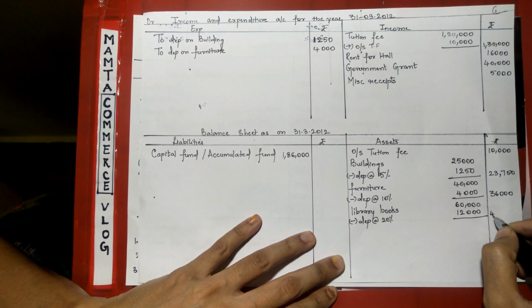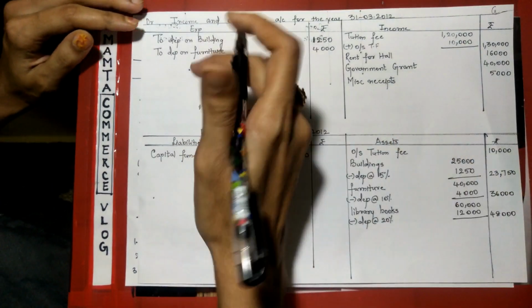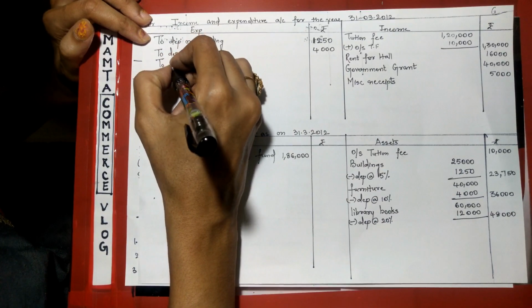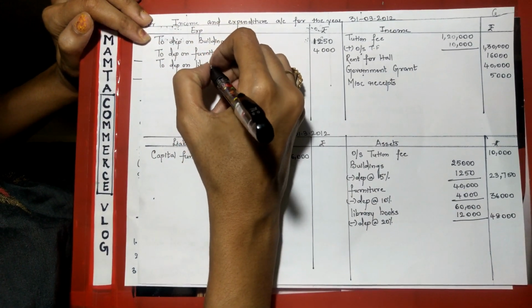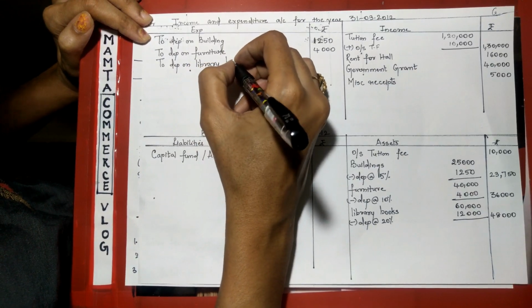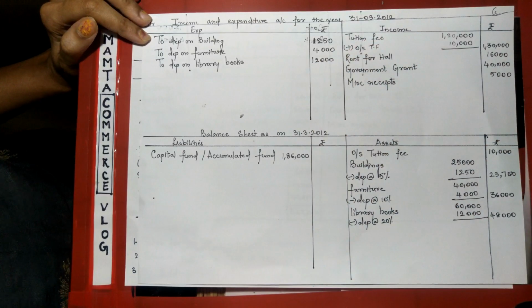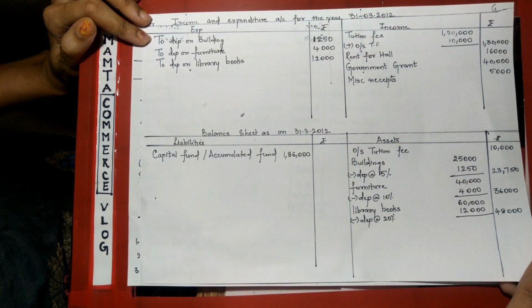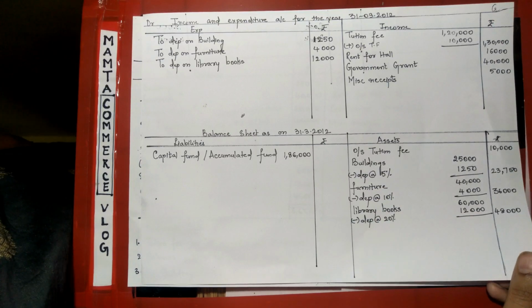So we get 48,000, and then we will write the dual effect here. To depreciation on library books amount is 12,000. So we have covered 3 points with 3 adjustments along with a dual effect.